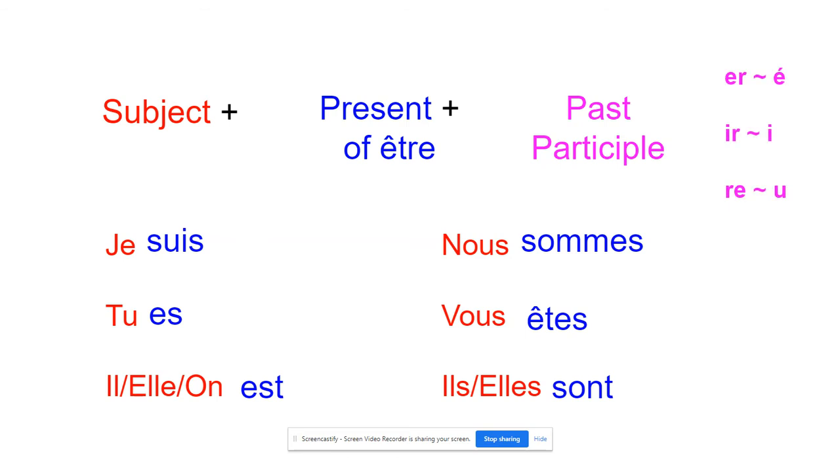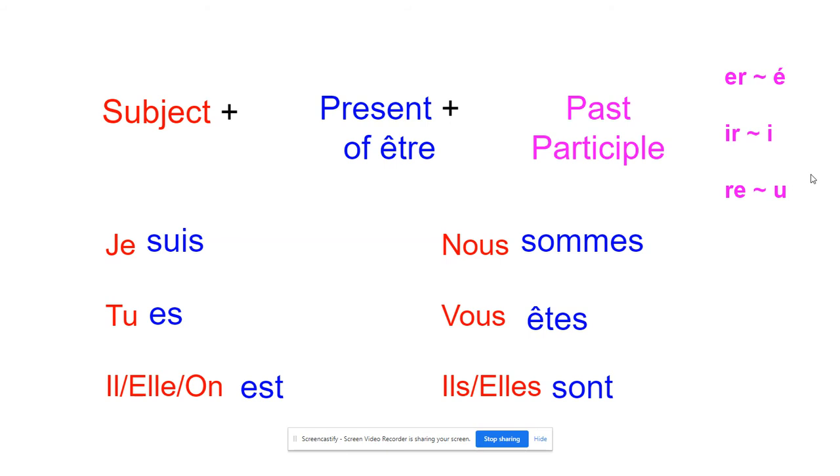So if you have a regular ER verb, you're going to drop the ER, replace it with accent aigu. If you have an IR verb, you're going to drop the IR, replace it with I. And if you have an RE verb, you're going to drop the RE and replace it with U. So that doesn't change either. So that's kind of nice. We do have rebels. I will get to those a little bit later. So, right, verbs that don't follow this general rule here.